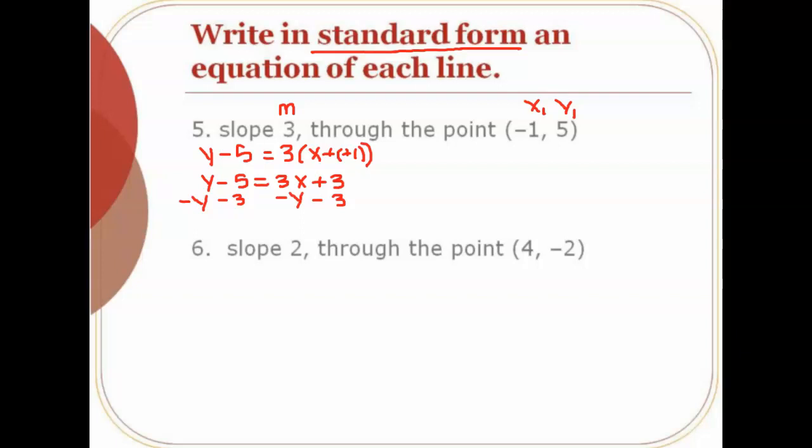Then I'm going to use the reflexive property to say 3x minus y equals negative 8, because over this way, it's like negative 8 equals 3x minus y. But to be in standard form, you need ax plus by to be on the left. So my standard form is 3x minus y equals negative 8.